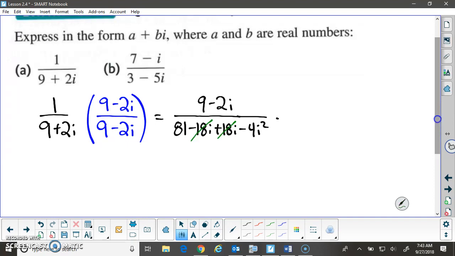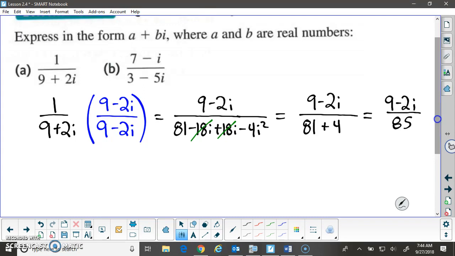So that results in, again, we still have 9 minus 2i on top. The bottom becomes 81 plus 4 because that i squared is equal to negative 1. So my final answer is 9 minus 2i divided by 85. So that's simplifying or rationalizing a complex number from the denominator.